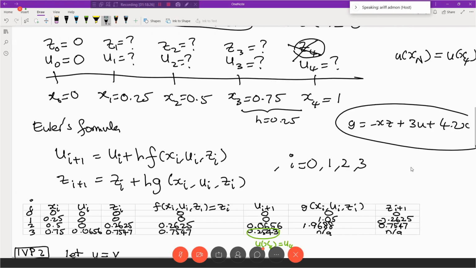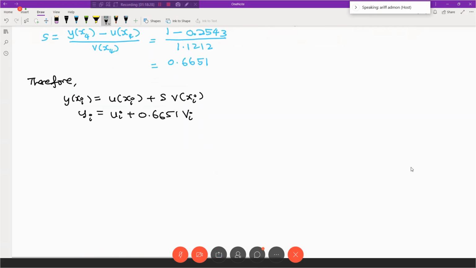So now i equal to 1 until 3. For i equal to 1, y1 equal to u1 plus 0.6651 v1. So what is the value of u1?